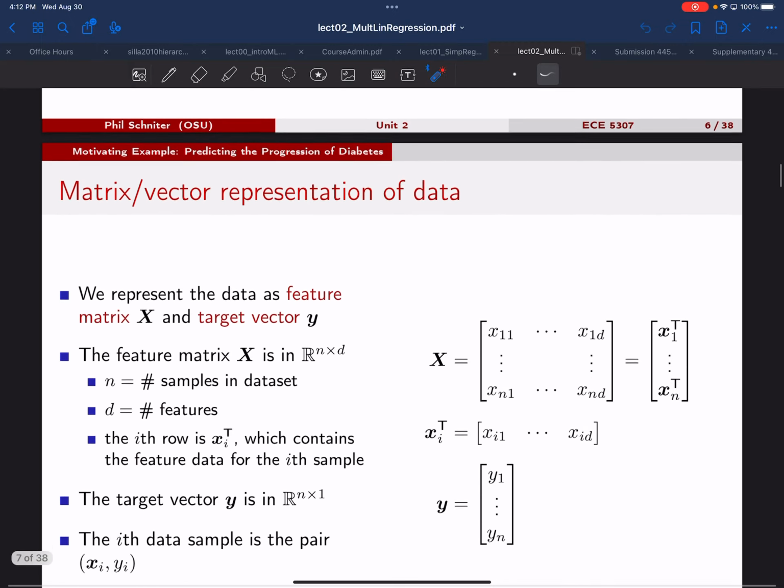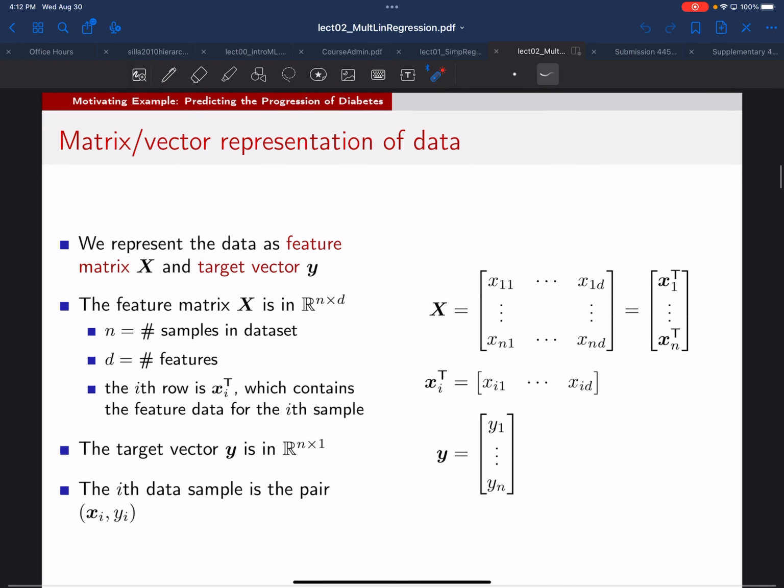Okay, so how are we going to represent our data then? We saw last unit a pandas data frame, the automobile data set, and we had sort of a two-dimensional array, where as you went down from one row to the next row, those are different samples, and as you went from one column to the next column, those are different features or attributes.